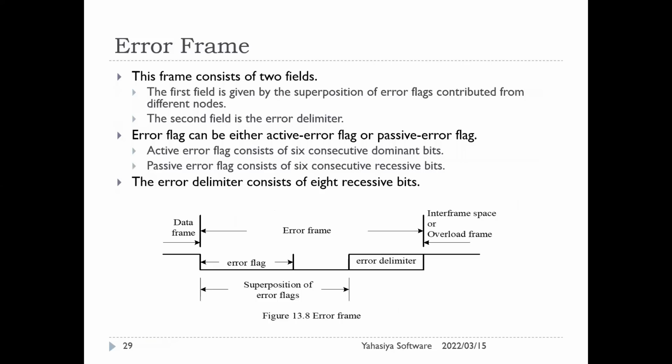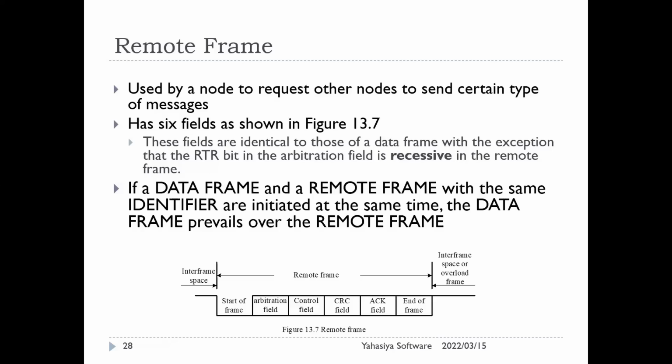In that case, we can have messages with the same identifier in the bus, but they are of different types. One is the data frame, another one is the remote frame. Did I answer your question or is it still not clear? Yes.